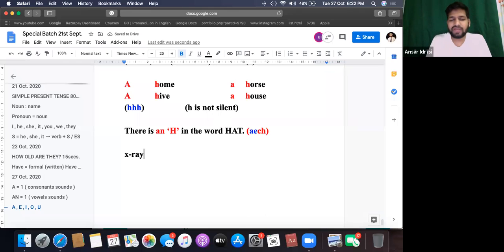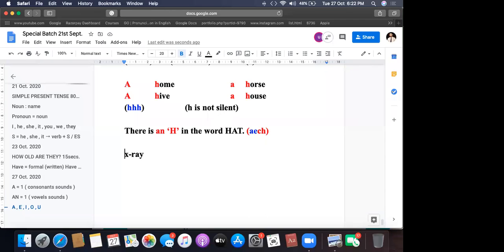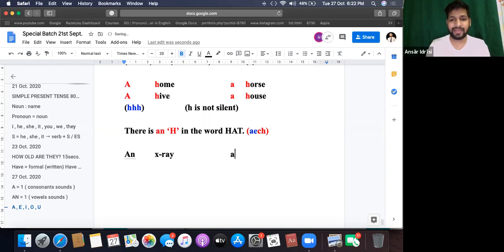Let me give you some more examples. X-ray. What shall we put here, an X-ray or a X-ray? An X-ray, exactly. We are going to use an X-ray. Same case, an RTO slip. I have just given examples. Next, an SMS.